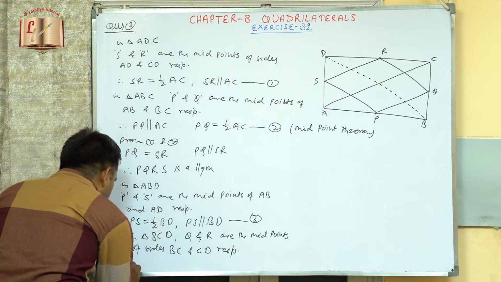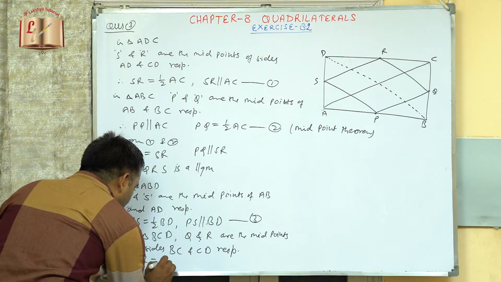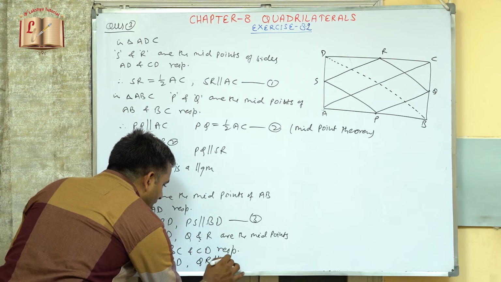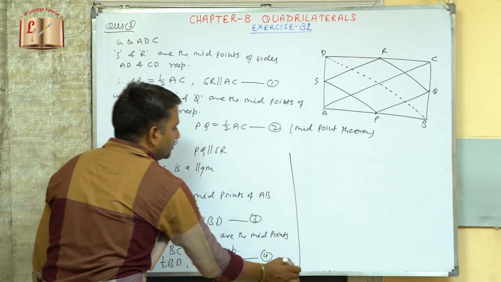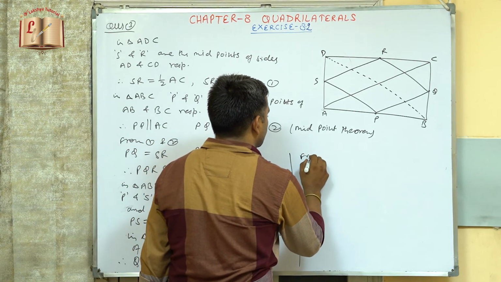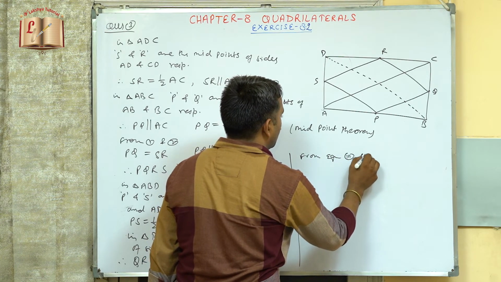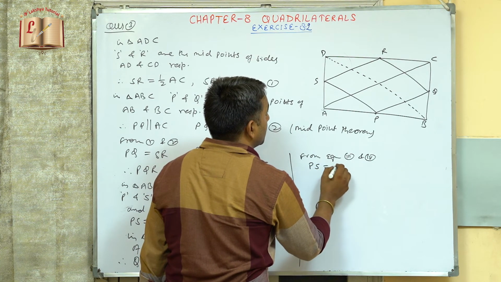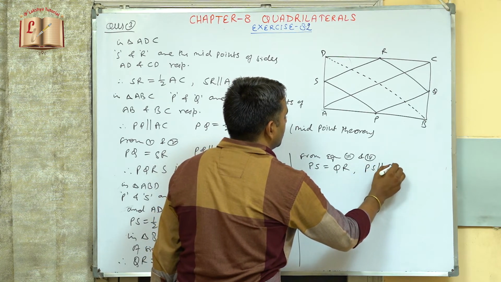So QR will be half of BD and QR will be parallel to BD. So this is equation number 4, again from the midpoint theorem. So from equations 3 and 4 we got PS is equal to QR and PS is parallel to QR.